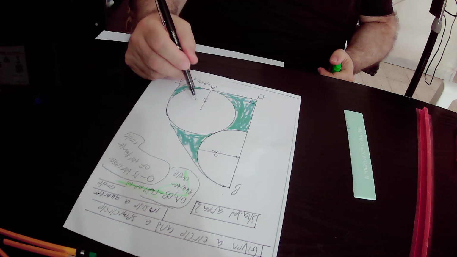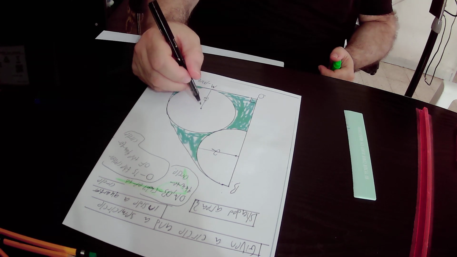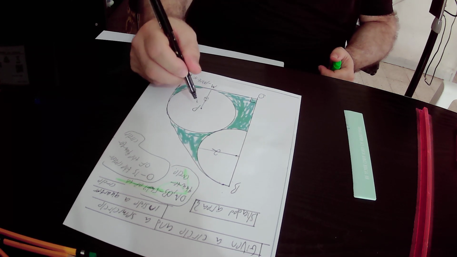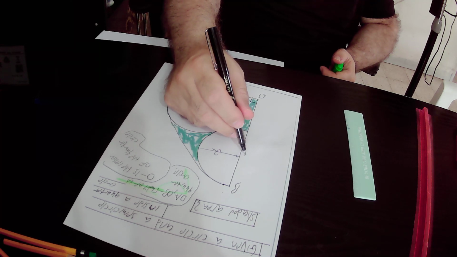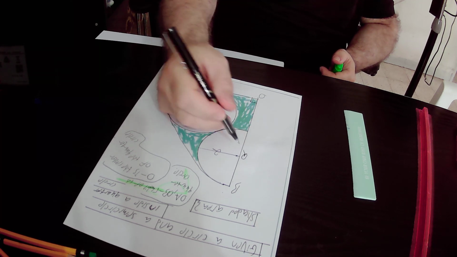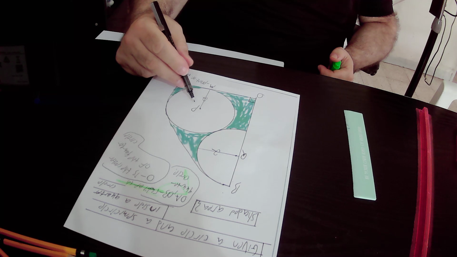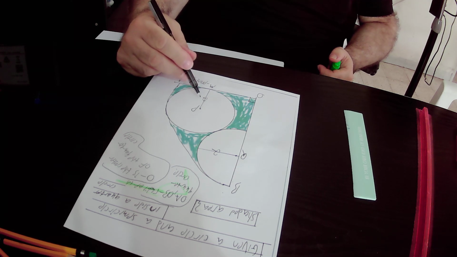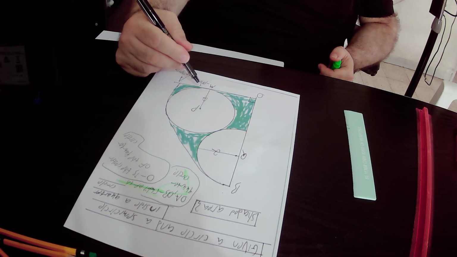We'll define the center of this circle as P, and we'll define the center of this semicircle as point Q. Here point P is the center of the circle, point M is a point on the circle itself, therefore PM is the radius of this circle.